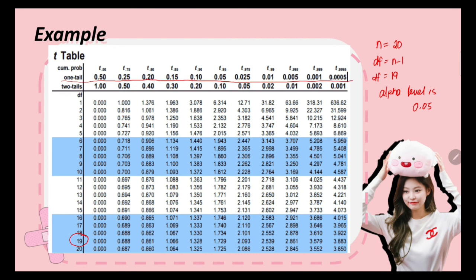So, nandito po si 0.05. Kunin natin yung kanilang intersection. Therefore, the t-value is 1.729 when the alpha level of the one-tailed test is 0.05 and with the degrees of freedom 19.